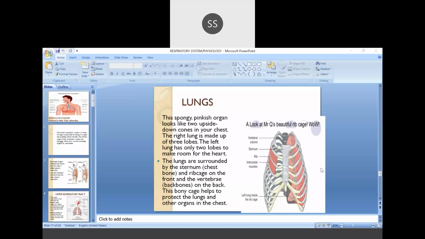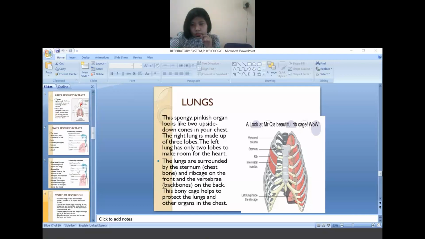Name them. In the right lung, superior lobe, middle lobe, and inferior. And the left is superior and inferior.